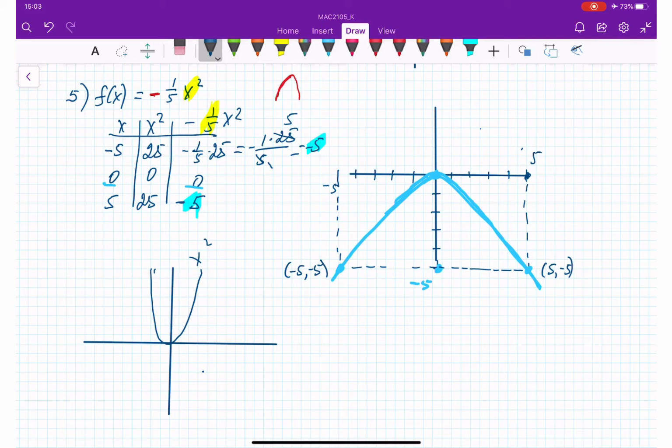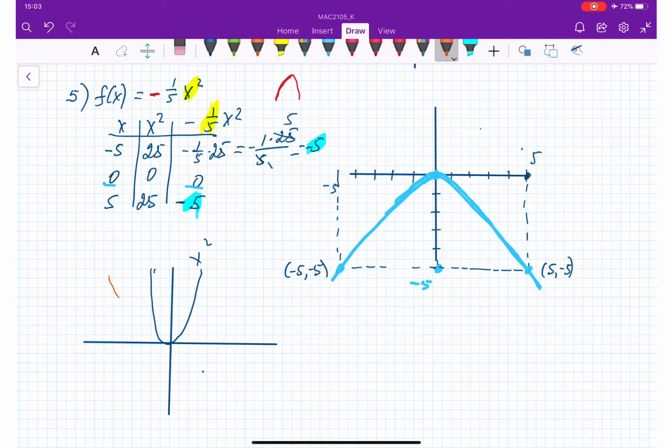Next, we have 1/5. So we know when we have coefficient, that means the graph is going to either shrink or stretch, right? If we have whole number, let's say 7, 8, 9, 2, 3, 4, then it's going to shrink. But because we have fraction, 1/5, then it's going to stretch, right?